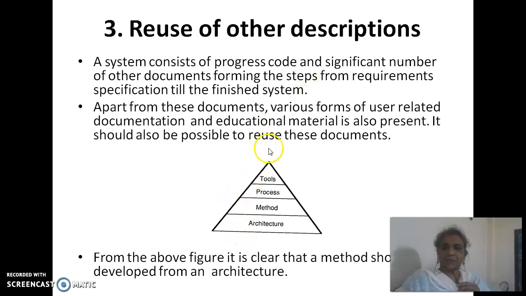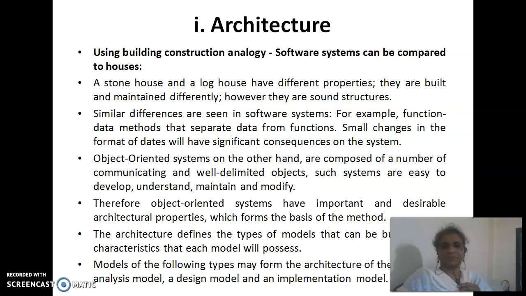So as we have seen earlier, we have tools, the process, the method, and also an underlying architecture. From this figure, it is very clear that a method should be developed from the architecture.